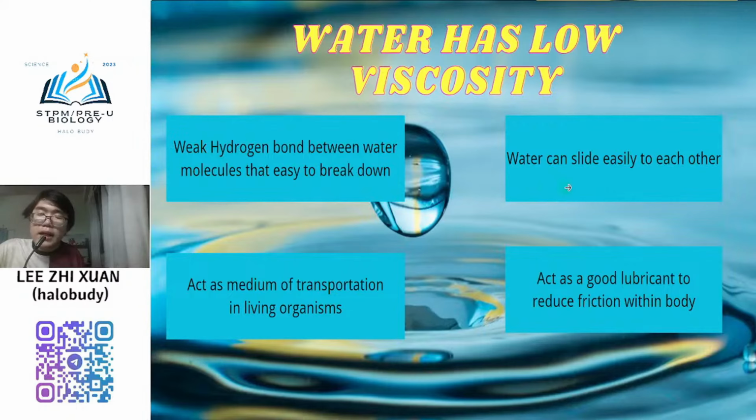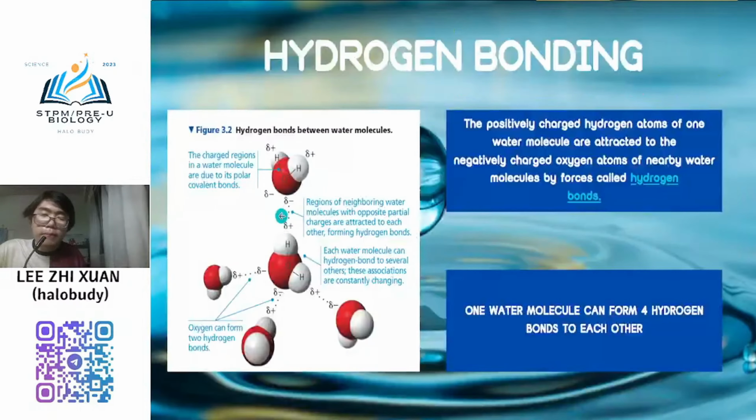And water molecules can slide easily over each other, meaning that the interaction between water molecules is not very strong. For example, this water molecule will not have the hydrogen bond interaction like this all the time.